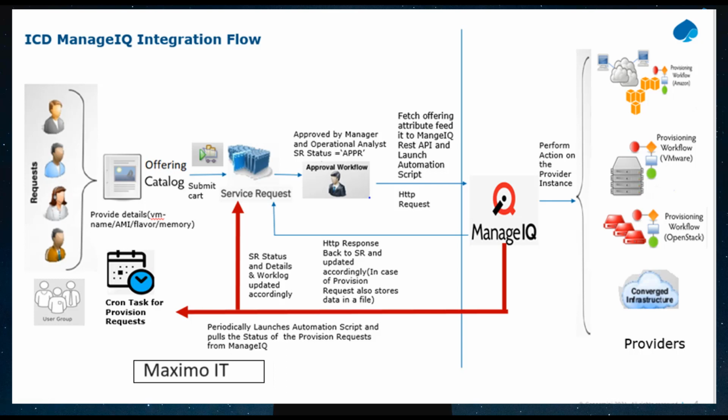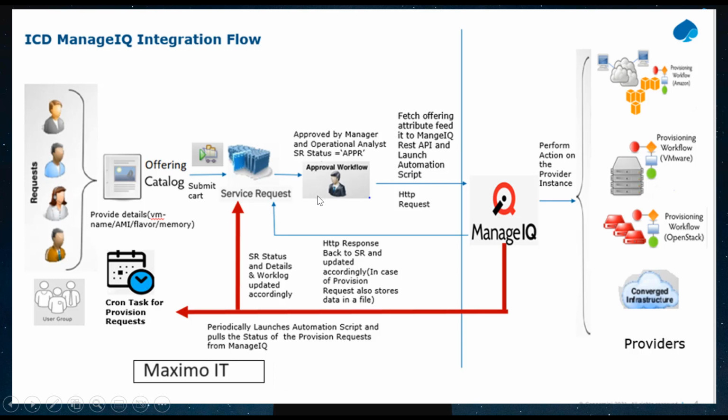Inside the service request, they find this offering catalog which gives them three options: to provision a VM, to stop a VM, or to start a VM. Once they select it, they submit it via this service request to the system. The next step is that it takes two approvals.